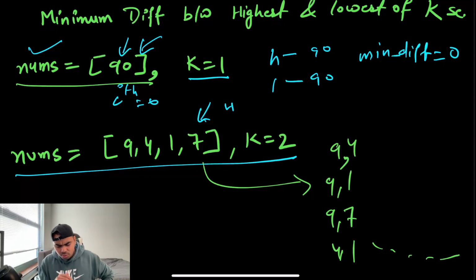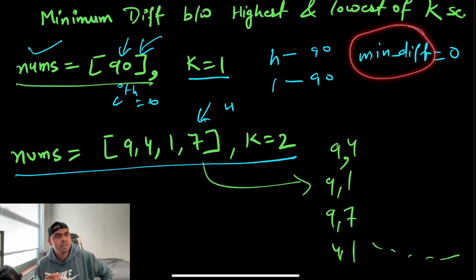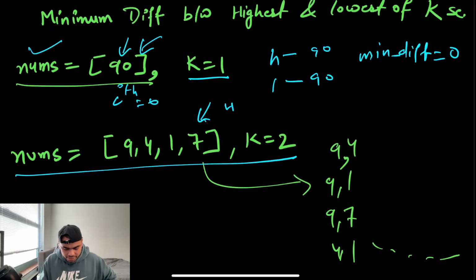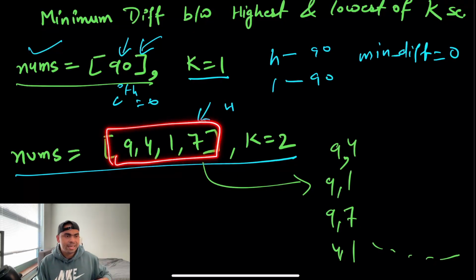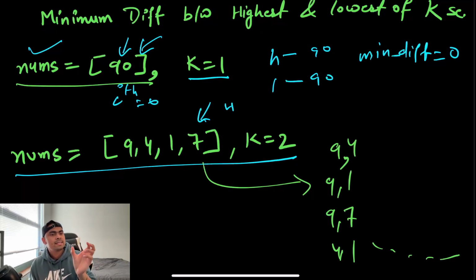But since we really want to find the minimum difference, how about we sort the array and create a window of size k, and keep moving it in this sorted array, and only update our result, which is the minimum difference between highest and lowest score, with the window that we're moving, and just take the ends of this window, because once it's sorted, the lowest would be in the front and the highest would be at the end of the window.